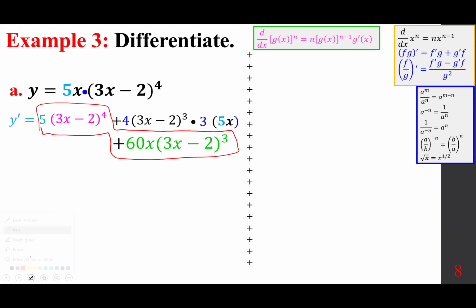So we are going to factor it. What's in common between 60 and 5? 5 is in common. 3x minus 2 to the power of 4 versus 3x minus 2 cubed. 3x minus 2 cubed is in common. So what's in common? 5 times 3x minus 2 cubed. You divide this piece by it, 5 goes away, and this creates just one of them, 3x minus 2.